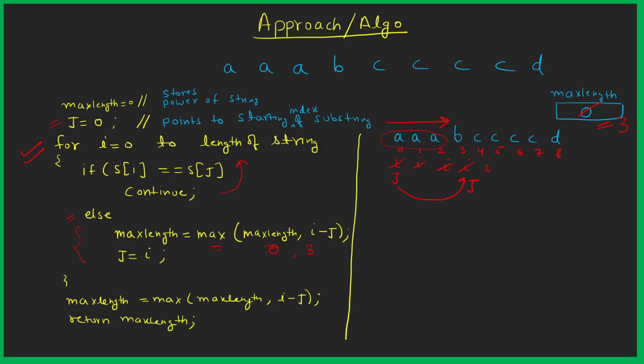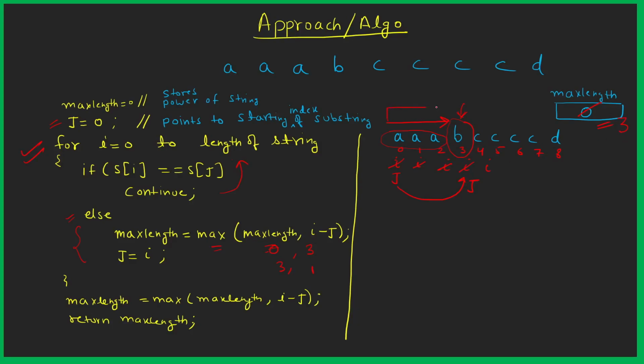The previous maximum length is 3 and the current I minus j is I is 4 and j is 3, so 4 minus 3, that is 1. This 1 tells me the length of this part, that is the current window size, only one character. So the current window size will be 1. The maximum of 3 and 1 is 3, so the maximum length will remain 3.